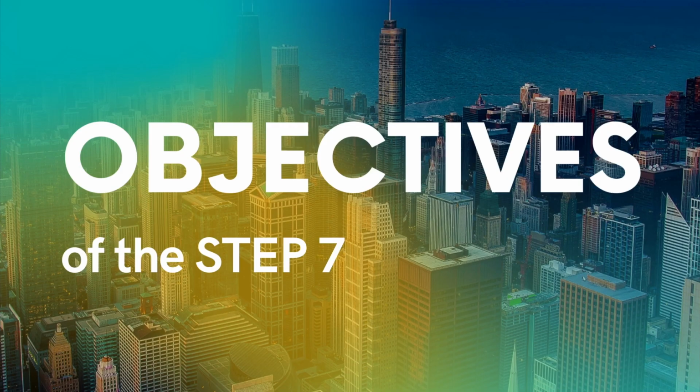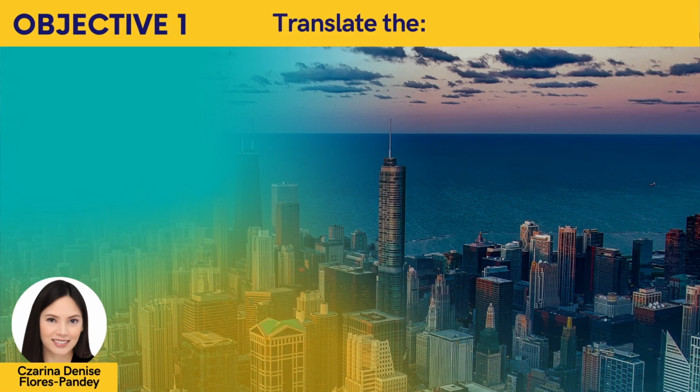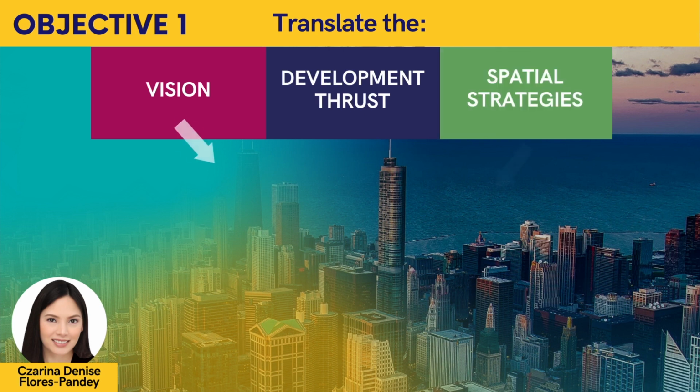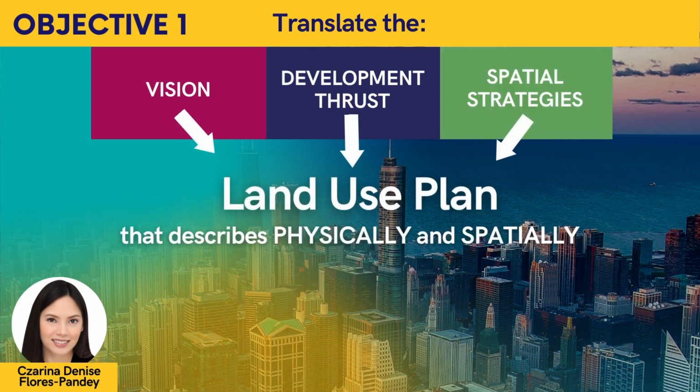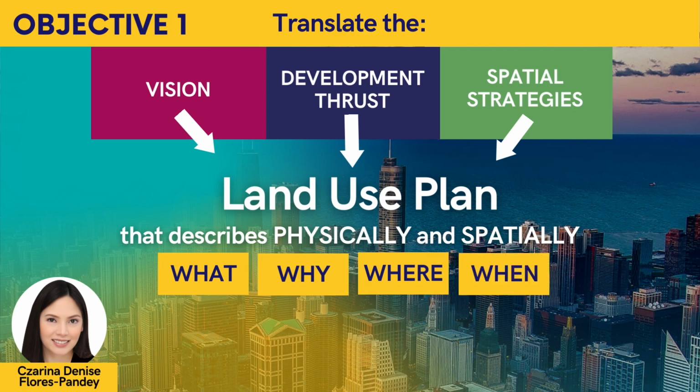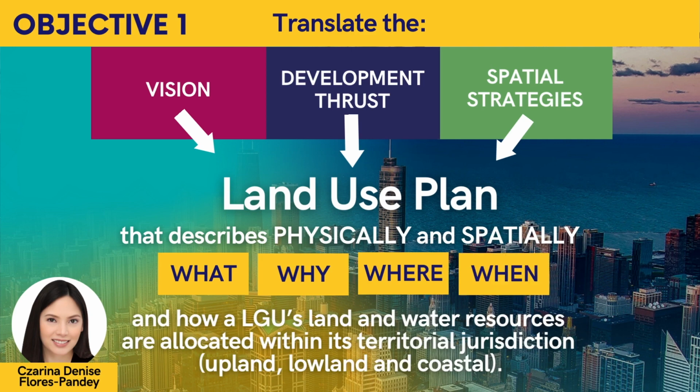The following are the two objectives of Step 7. Objective 1. Translate the vision, development thrust, and spatial strategies into land use plan that describes physically and spatially what, why, where, when, and how a local government unit's land and water resources are allocated within its territorial jurisdiction, upland, lowland, and coastal.